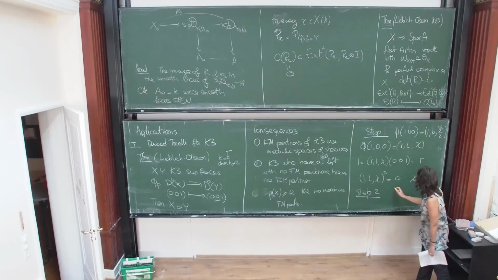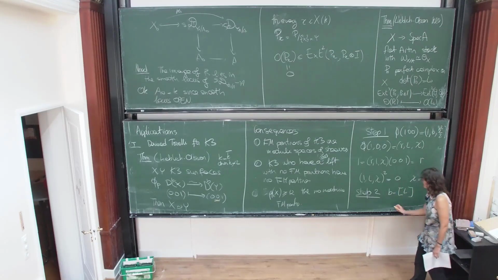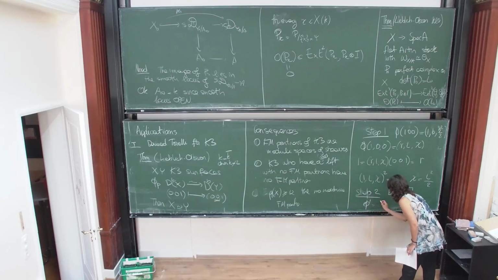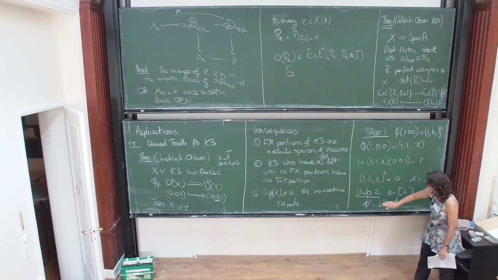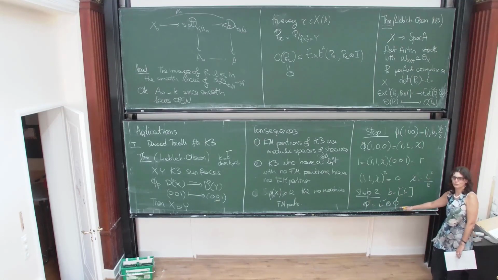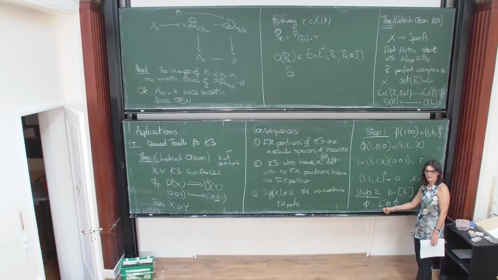Well, B will be some class or some line bundle, and then I create another equivalence that is L minus 1 tensor phi. Let me call it again phi. It's up to twisting phi by tensoring with a line bundle.